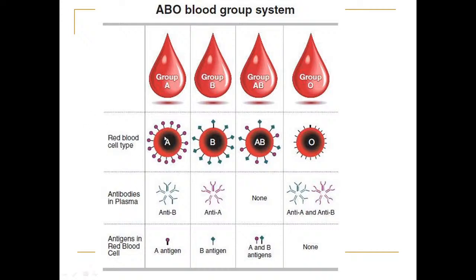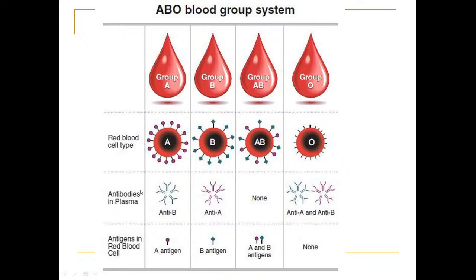These blood groups are named because of antigens that are present on the surface of red blood cells. Group A have A antigen on the surface of red blood cells. Group B have B antigens. Group AB have both A and B antigens, and group O have no antigens on the surface of red blood cells.